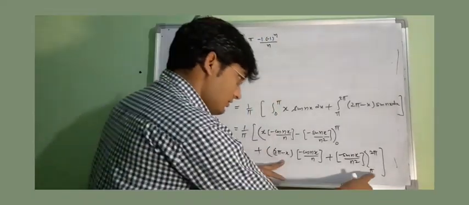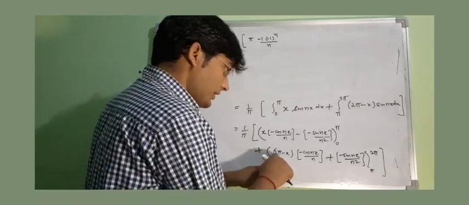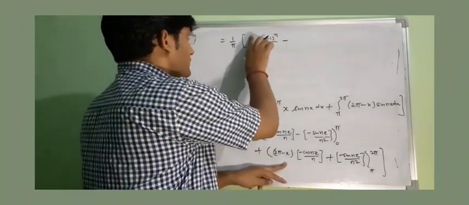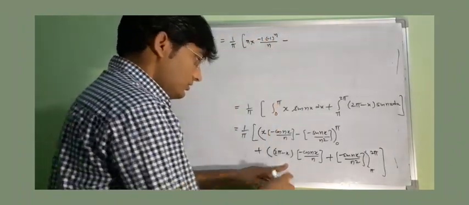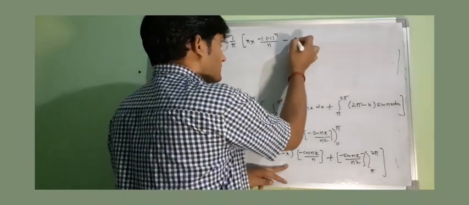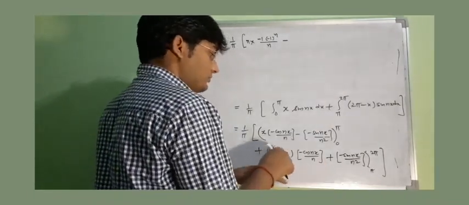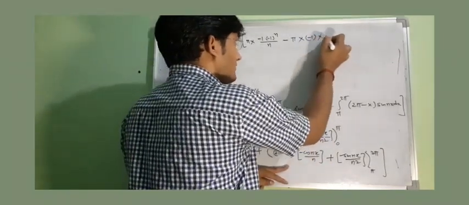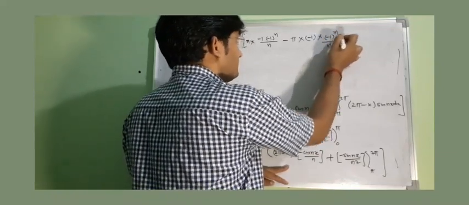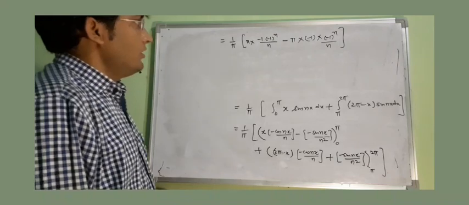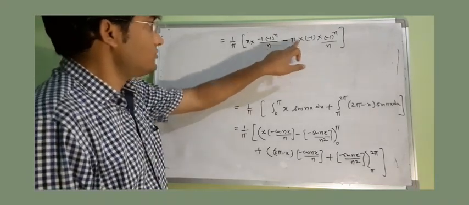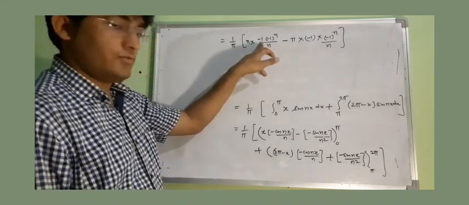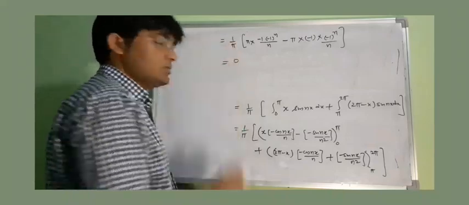Again at this point our lower limit will be, now put x equal to pi, so this will be a plus pi, and as we have to put the lower limit, this is your pi into this one, so for the lower limit this will be your minus sign, and then at x equal to pi this will be your pi, and again here we will have minus 1, then cos n pi, that is minus 1 to the power n divided by n. So you can see that these two terms will cancel each other, because here we have plus sign and here we have minus sign, so your Bn is 0. So our Bn is 0.